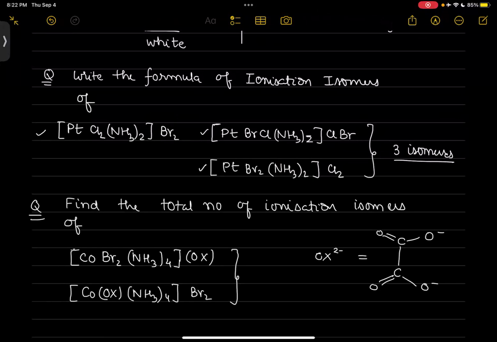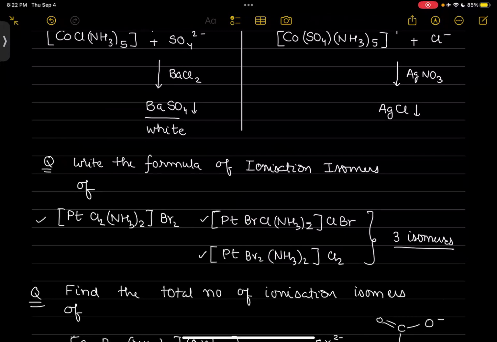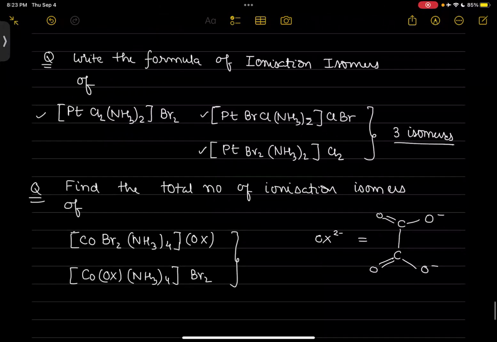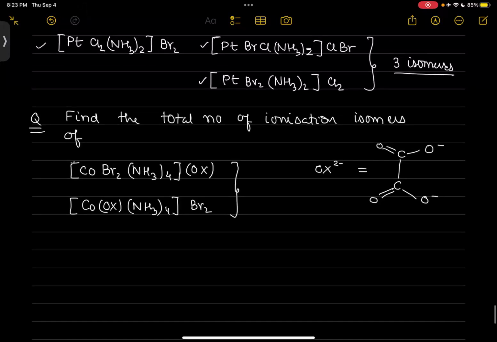In the previous example, one Br is exchanged with one Cl, because Br was monodentate and Cl was also monodentate. And in the example we are doing right now, one oxalato is exchanged with two bromido ligands, because oxalato is a bidentate and bromido is a monodentate. So this I hope is clear to all of you. Very simple. You can have 4 or 6 coordination numbers.